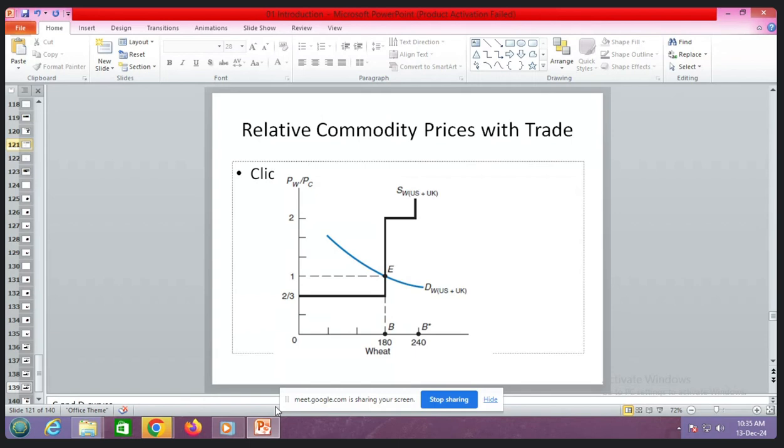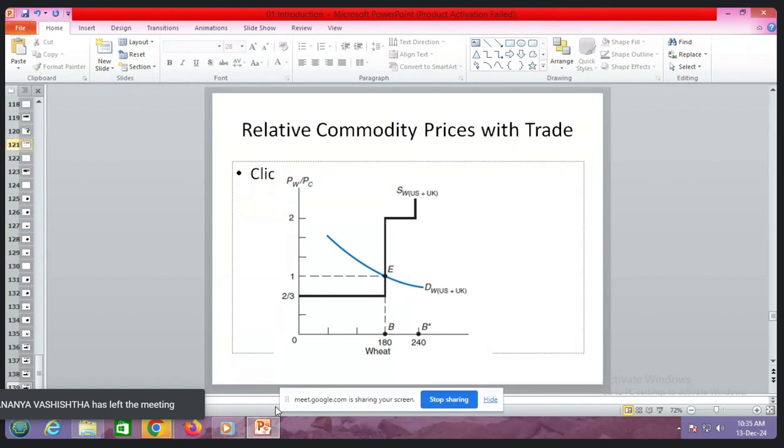Lastly, we showed that with trade, the relative prices get determined at a level where the demand curve intersects the supply curve. If the demand curve intersects anywhere higher or lower in the supply curve, the forces of prices come in: if demand is greater than supply, then the prices will be pushed upwards. If demand is less than the supply, the prices are going to be pushed downwards.